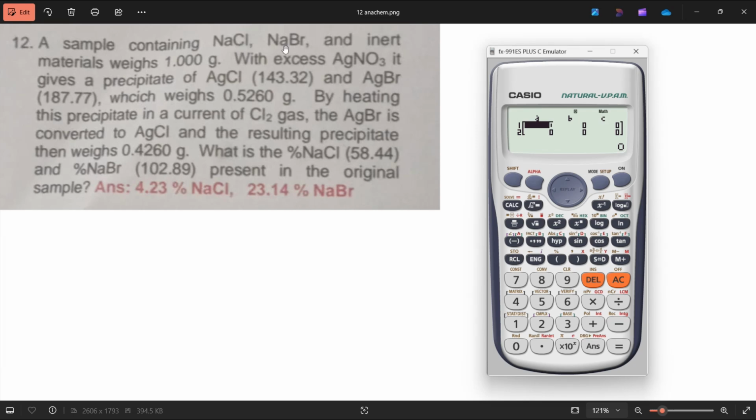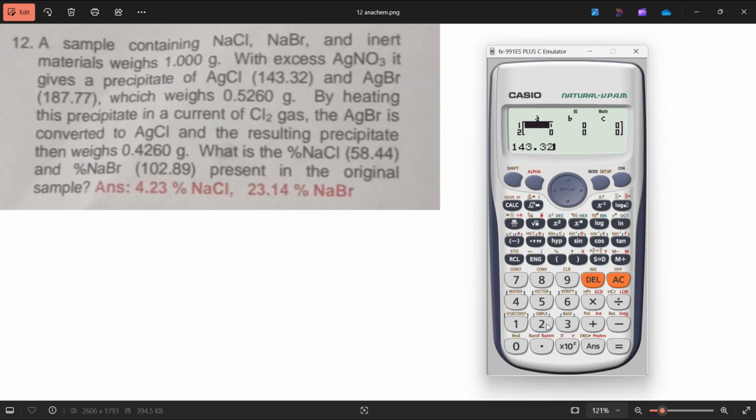So what happens here is that we need to get the gravimetric factor with the relationship of AgCl and NaCl, and AgBr and NaBr. At the same time, it's just going to be set the same way as the previous problems.